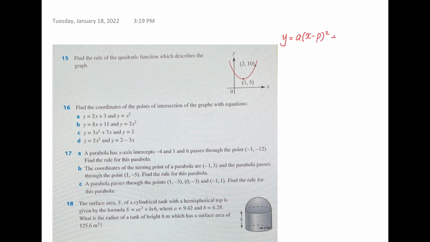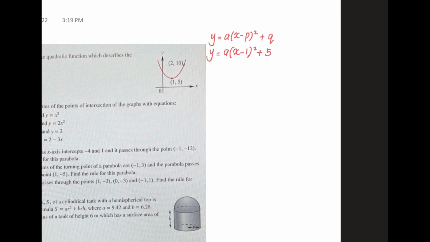In general it's like this, a(x minus p) squared plus q. So this is the completing the square form. So if you have a minimum point, then you just put the 1, 5 in this way, x minus 1 squared plus 5.